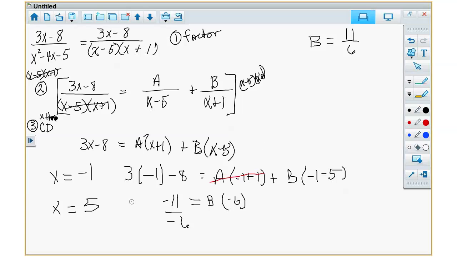Now solve for A, which means you're going to plug in a 5. I'm going to erase this. I'm going to make sure everybody's got it written down.